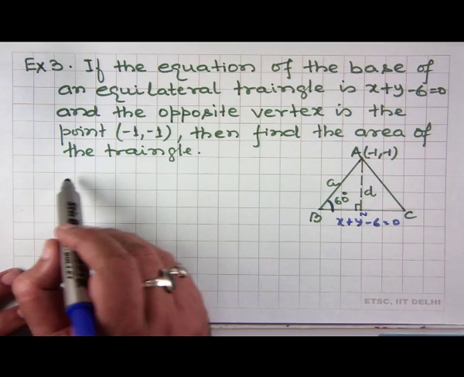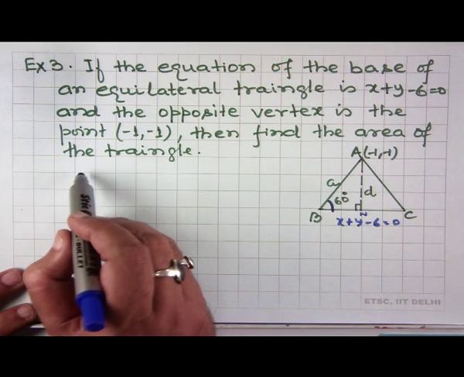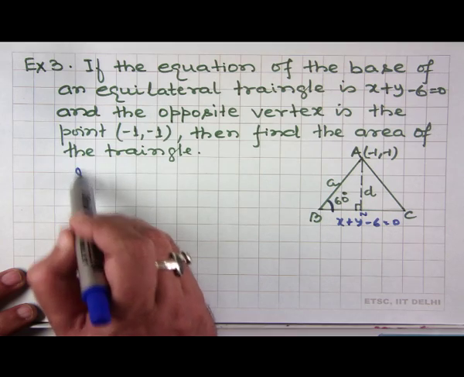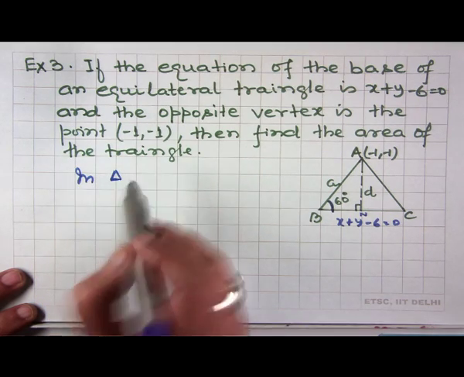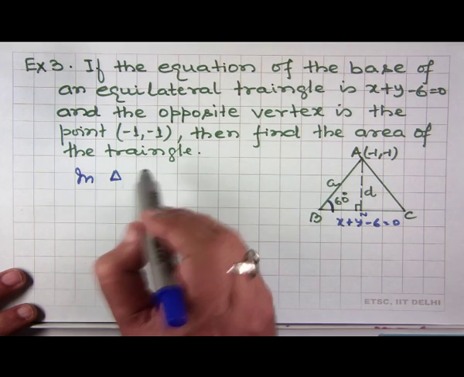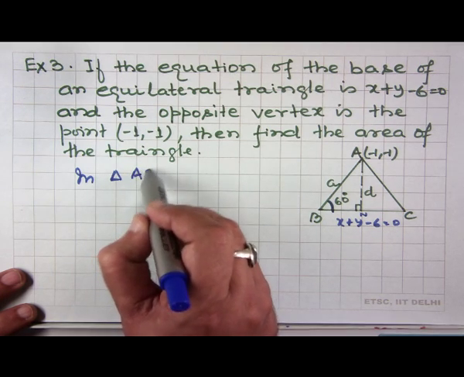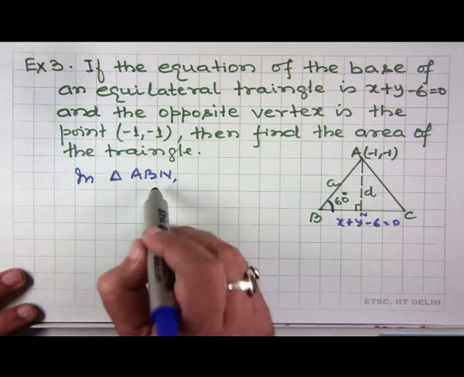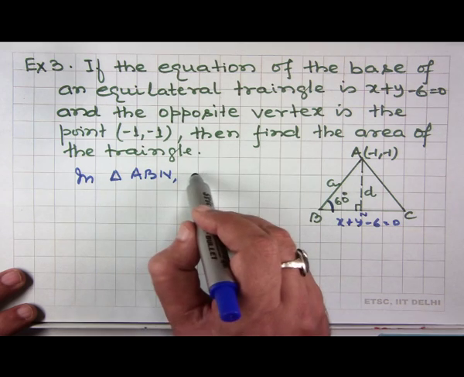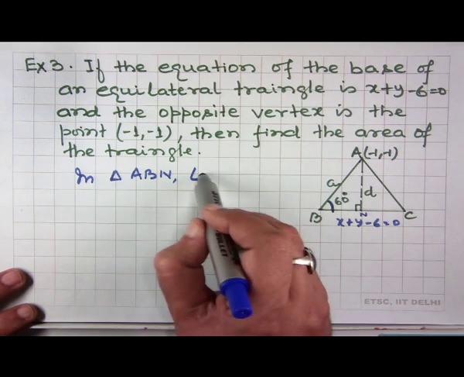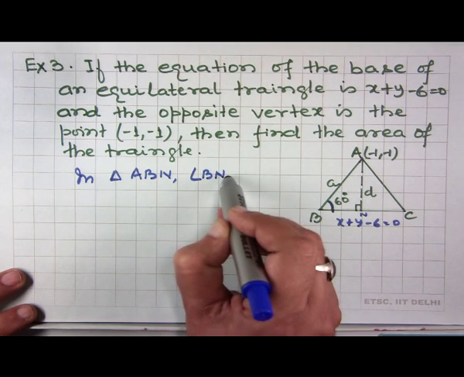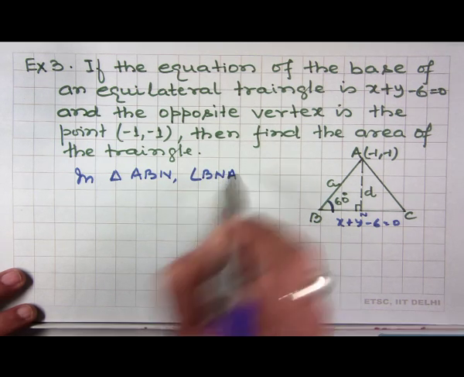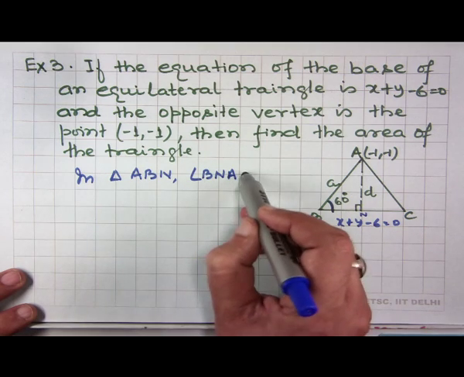In triangle ABN, angle B and A N is equal to 90 degrees.